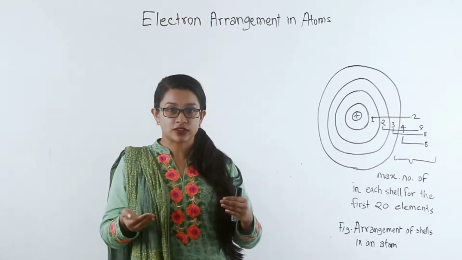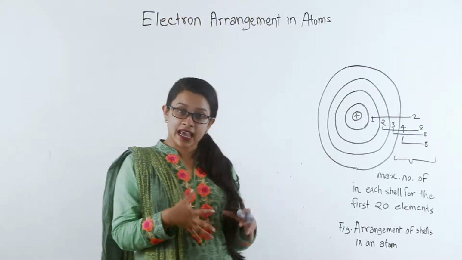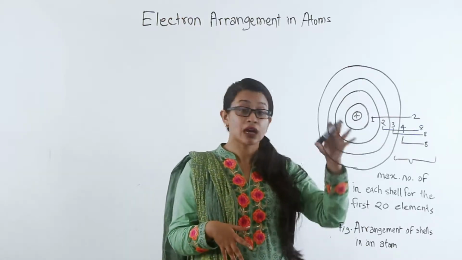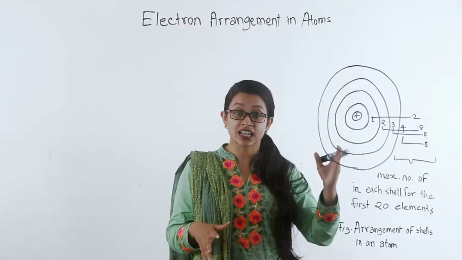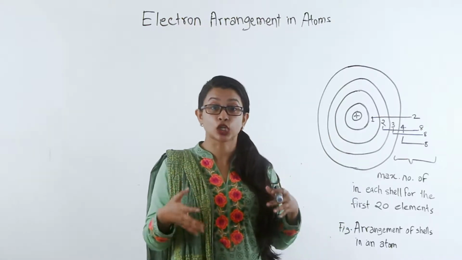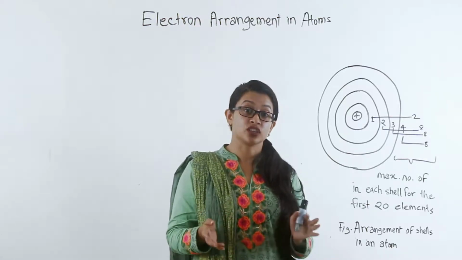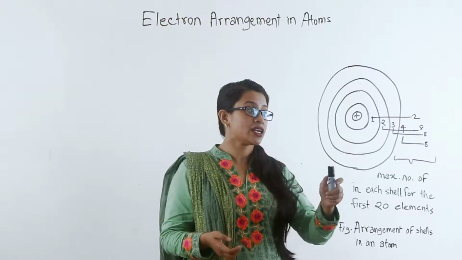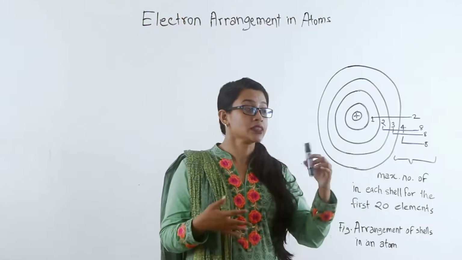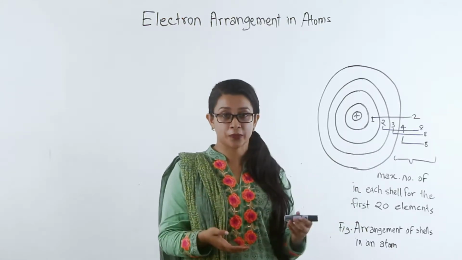These are the levels, right? So in an atom, it is assumed that around the nucleus, the electrons that are closest to the nucleus are occupying the first level or the first shell. And then the second shell, and then third, and so on.